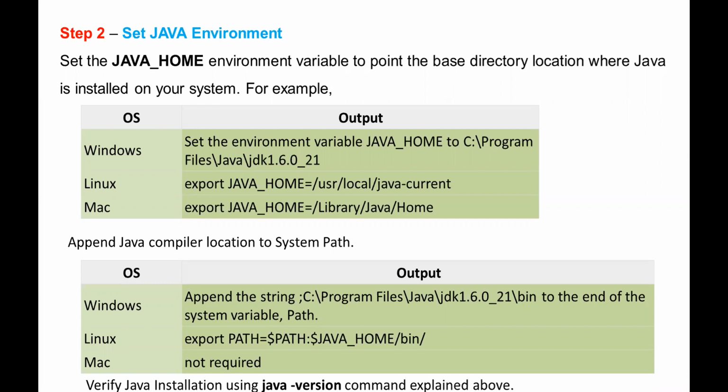So first you can set the Java environment by using this command on Windows. At the same time we can do it for Linux as well as the Mac operating system.